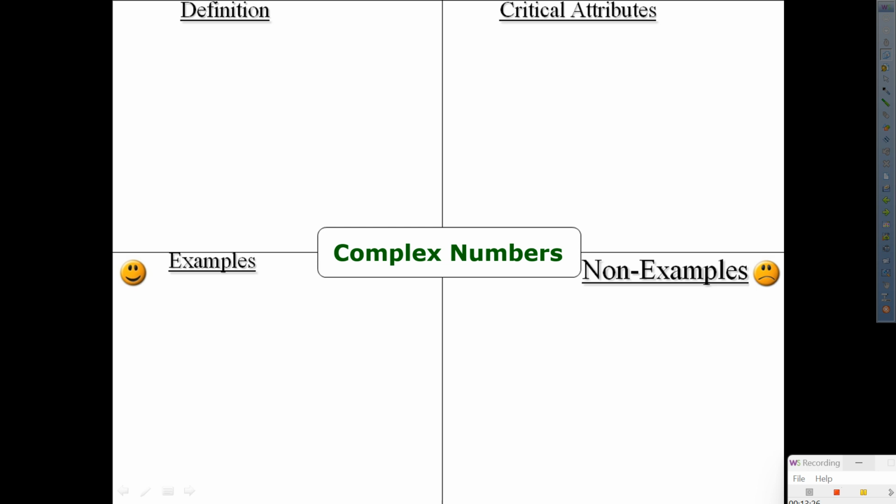Looks like Brandon's got it. Oh, wait, Brandon Doherty wasn't here. Brandon Doherty, complex numbers. One real and one imaginary. So think about that. That is in regards to numbers.